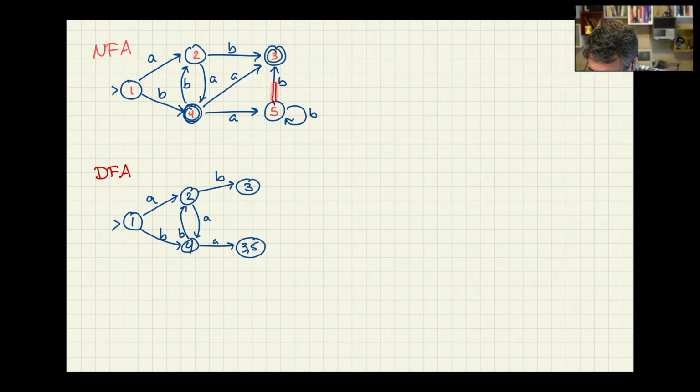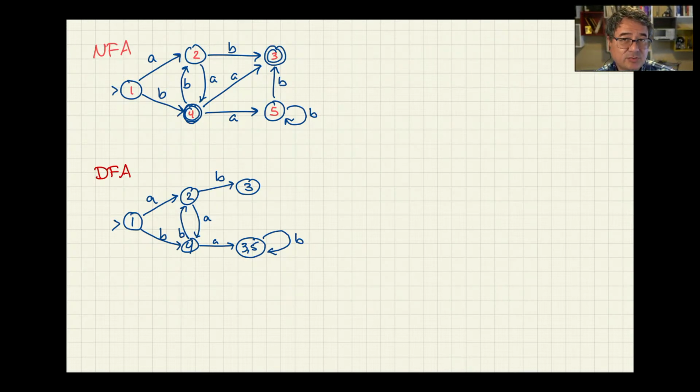So these B's lead to 3 and they lead back to 5. So that means that this B transition here leads back to itself. And then we're done. There are no more rooms to explore, no more transitions to follow.